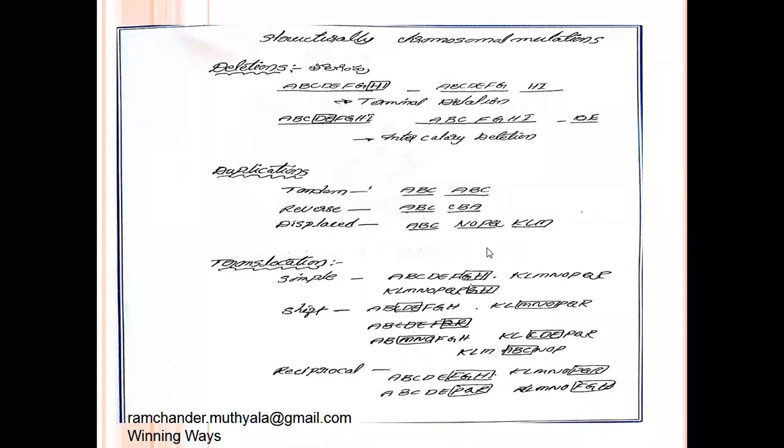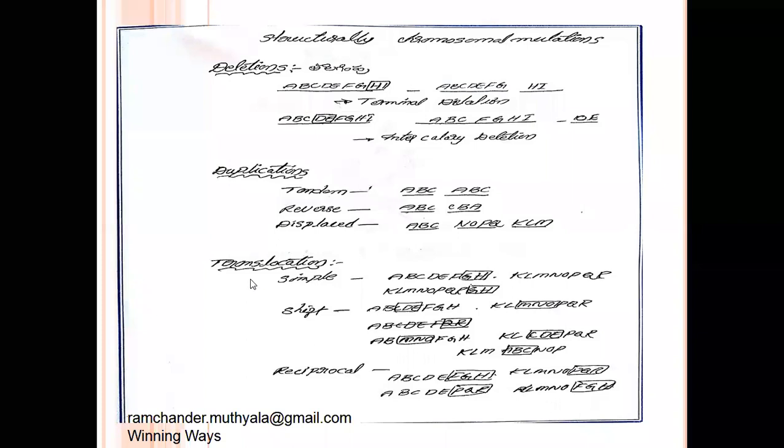And displaced duplication means the genes are repeatedly arranged in irregular positions of the chromosome: ABC, then NOPQ, then KLM. These genes are again repeated on the chromosome. This type of duplication is called displaced duplication.